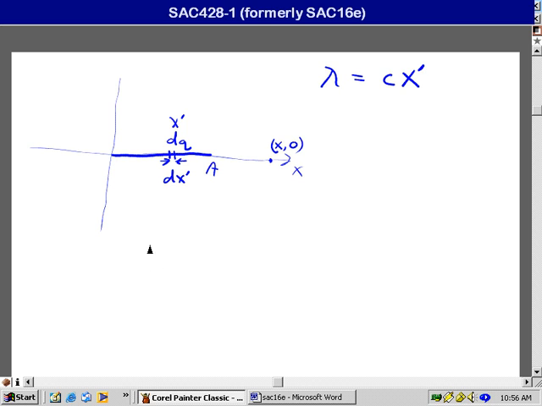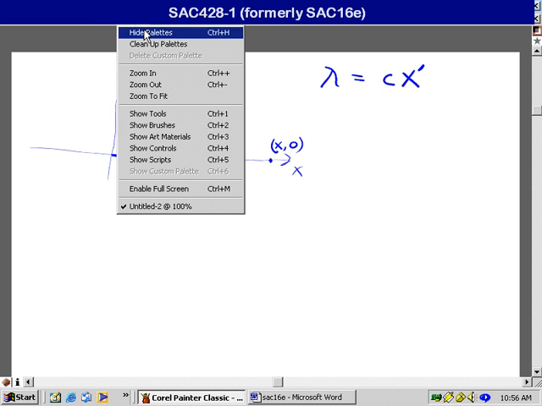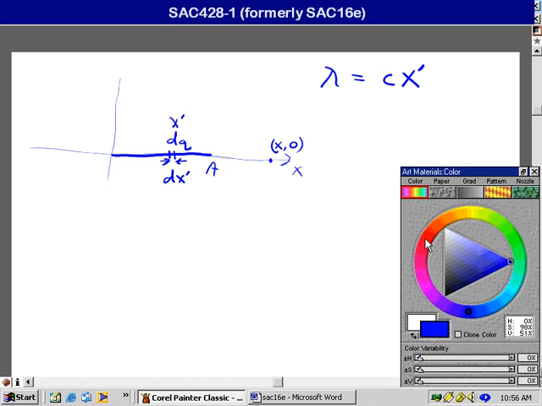Okay, so what's the game plan? I'll take the contribution to the electric field at this point due to that little bit of charge. I need a line that extends from that position all the way out to here.